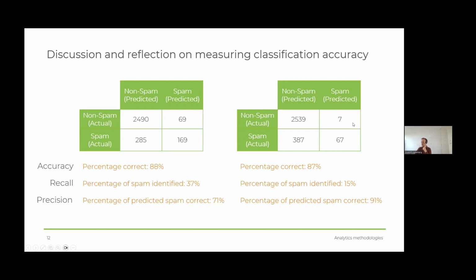The 91 here is, let's say, 67 divided by 67 plus 7, which is then the 91 here. So again, referring to either being the head of IT or the coworker: the head of IT might prefer having a higher recall, while the coworker might prefer a higher precision in this case.